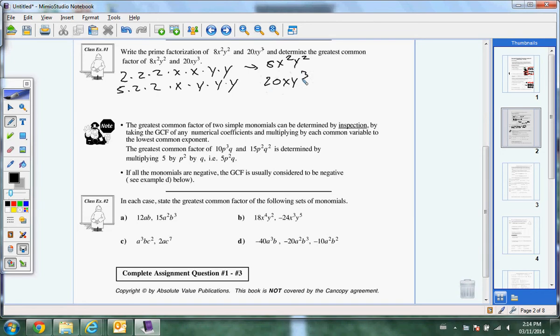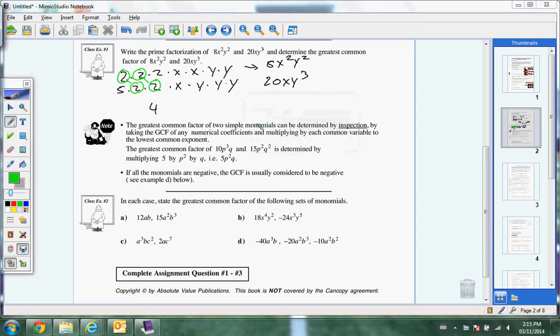So with that written out, what is our GCF at this point? They both have at least how many 2's? 2. So what's 2 times 2? So they have a 4 in common. Do we understand that? Okay, so let's go ahead and circle these so you guys know what I'm talking about. That's what they have in common.